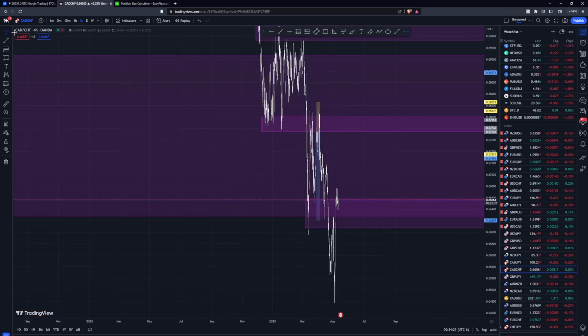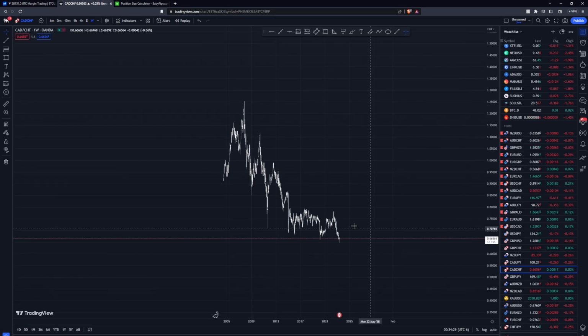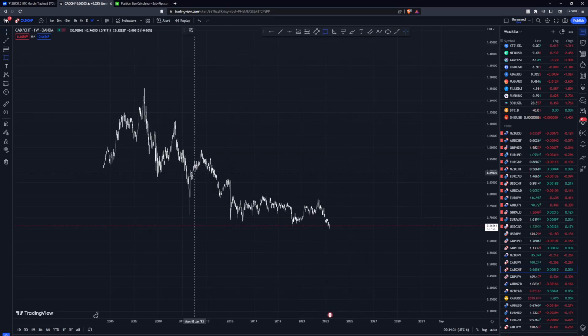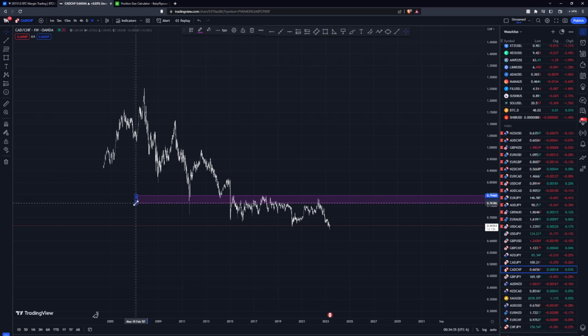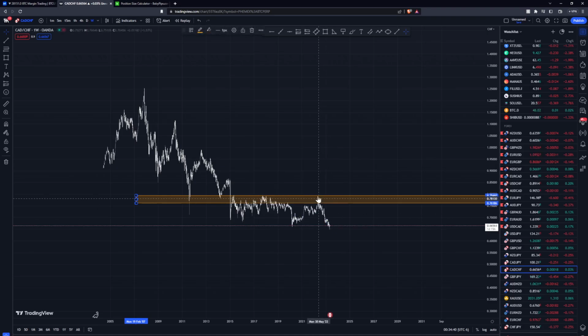So right, on the CAD CHF weekly, wipe the chart. Alright, quick draw of the weekly zone. This one's not super clear.